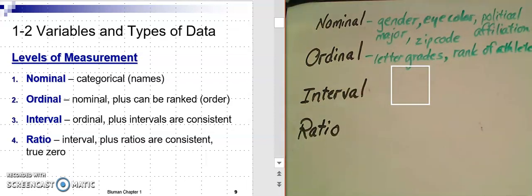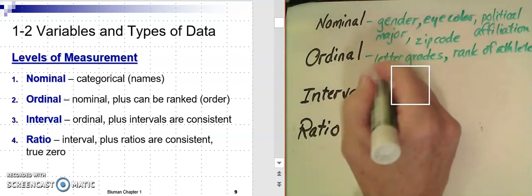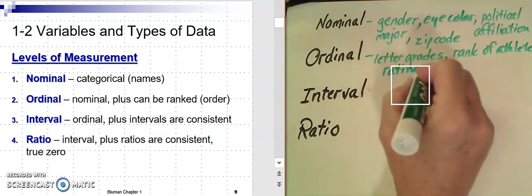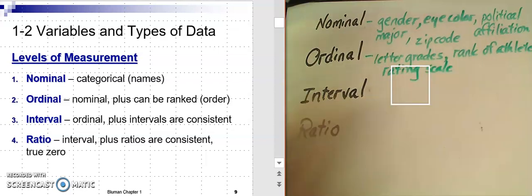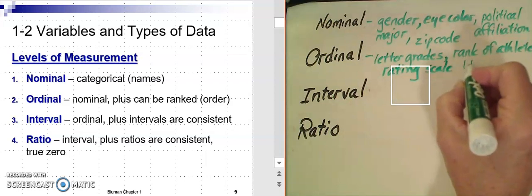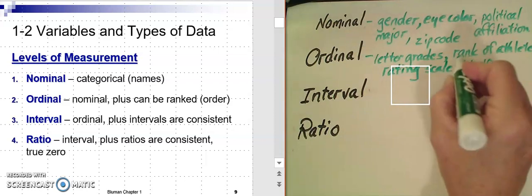Even whenever you are asked to answer a survey and they'll say, well, based on your service today, how would you rate us on a scale of 1 to 10? So anything that's a rating scale. Some surveys will have the numbers 1 to 10, or it could be good, better, best.